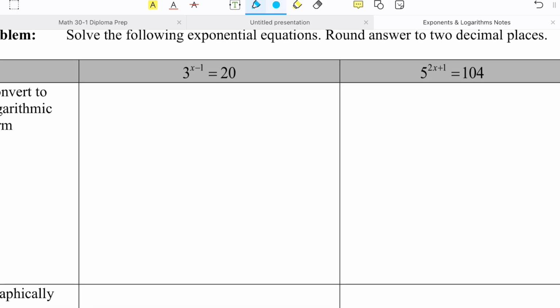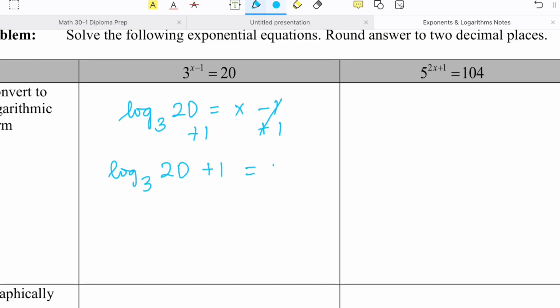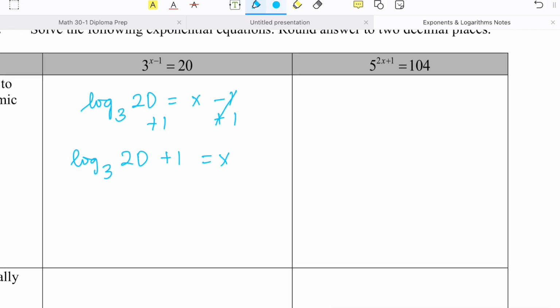Now all I need to do is log base 3 of 20 is equal to x minus 1. Add 1 on both sides and I get log base 3 of 20 plus 1 is equal to x. Same thing over here, log base 5 of 104 is equal to 2x plus 1.